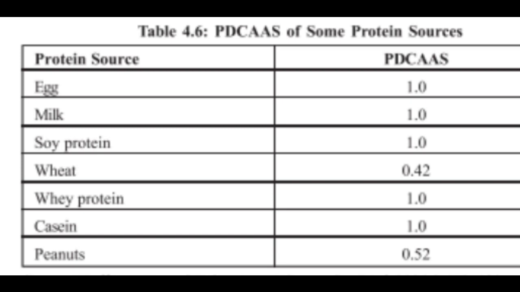It is expressed as: PDCAS percent is equal to true protein digestibility percent into mg of amino acid in 1g of test protein into 100 upon mg of amino acid in 1g reference protein.